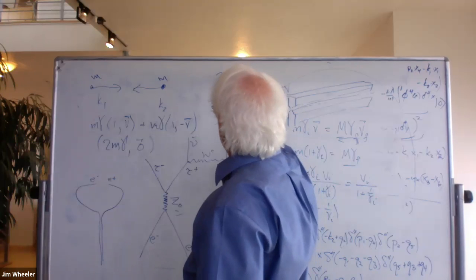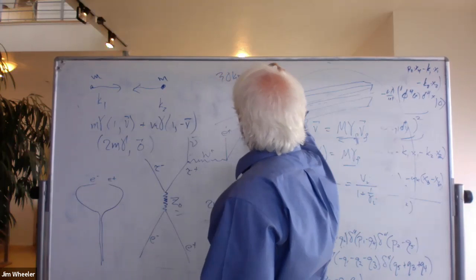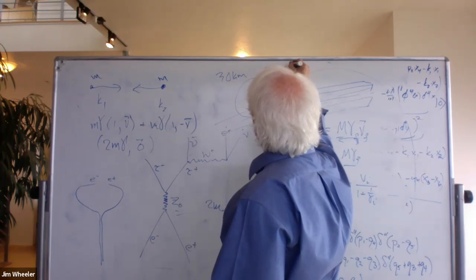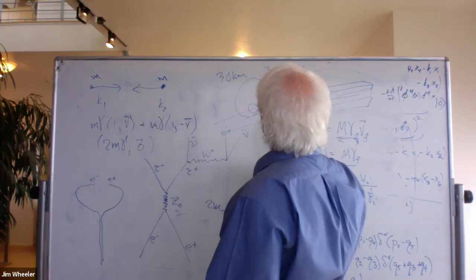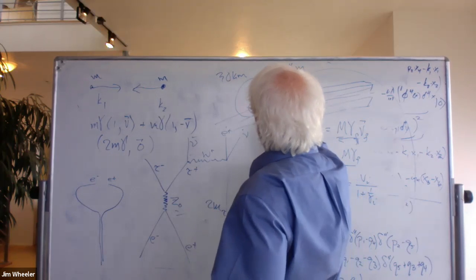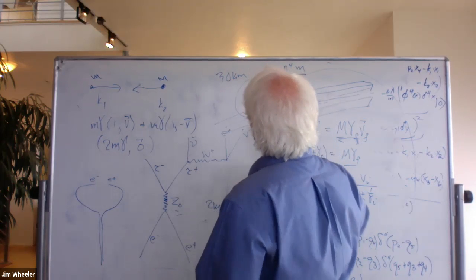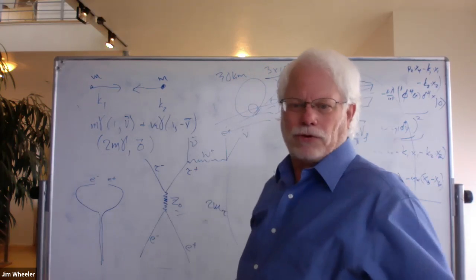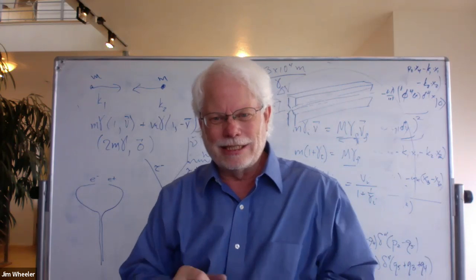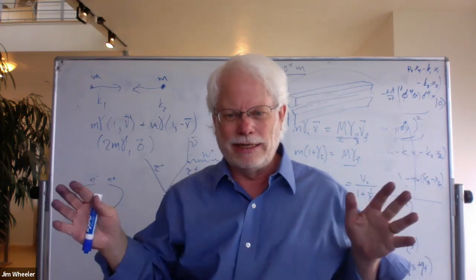So 30 kilometers is 3 times 10 to the 4th meters. But the length contraction goes like gamma, so that takes out the 10 to the 4th, and to one of these protons in the ring, it looks like it's 3 meters long.